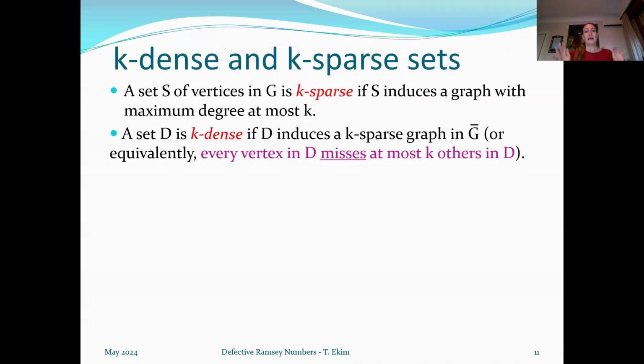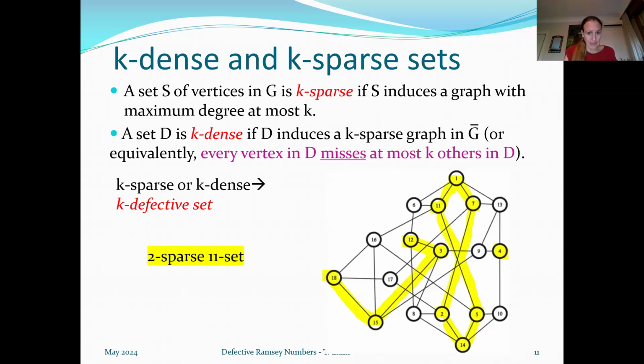But maybe an easier way to see that is that it is almost a complete graph, let's say a clique, but we allow every vertex to miss at most k others in this set. So it has to be adjacent to everybody but at most k others. So here are some examples. Okay, k-sparse and k-dense together, we call them k-defective. So they are defective with respect to their perfect versions of clique and independent set.